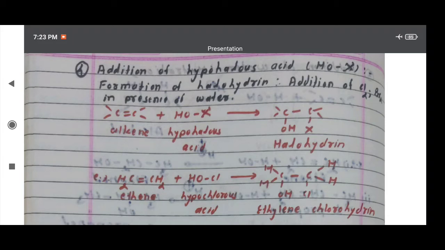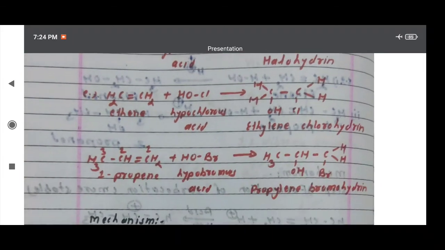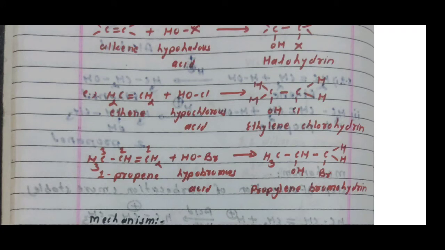Then OH group attached to carbon atom number 2 and Cl group attached to carbon atom number 1. Then formation of CH2OH CH2Cl. Name of this compound is ethylene chlorohydrin. This is the addition of hypochlorous acid to ethene.